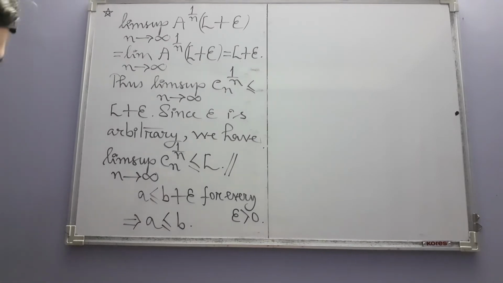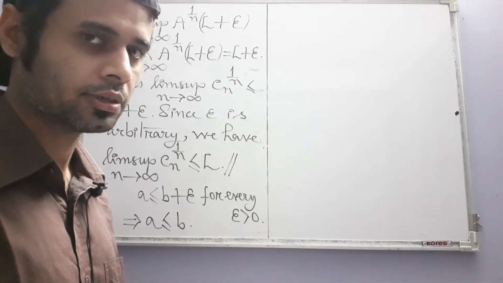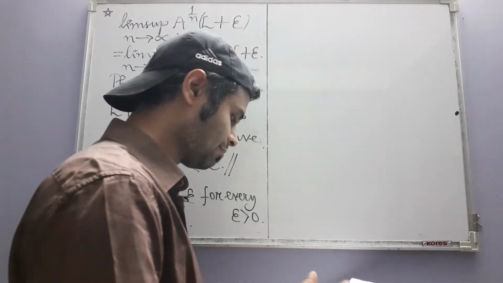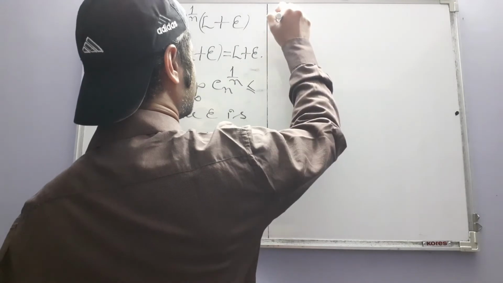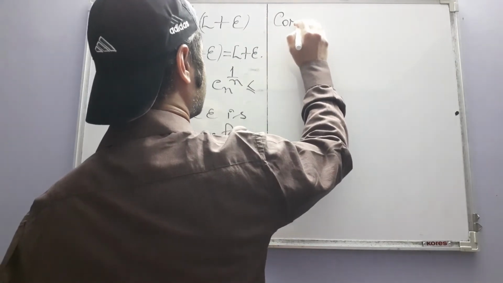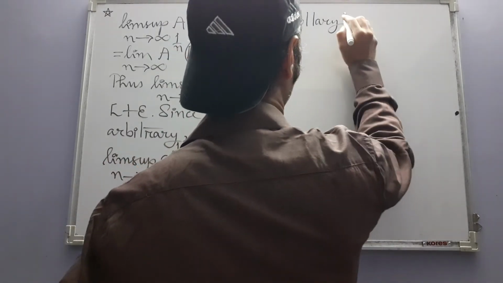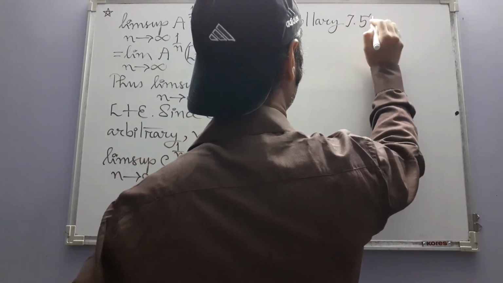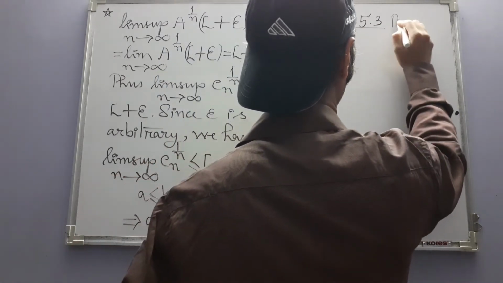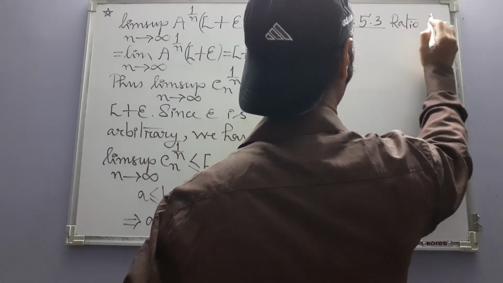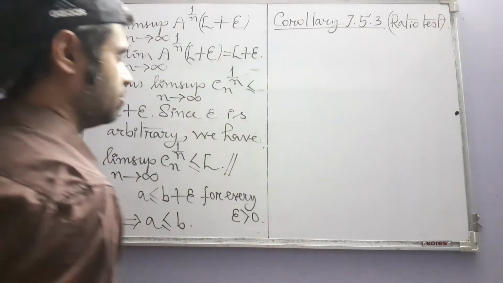And this next corollary to this lemma is actually what is called the ratio test, where we have another such thing like the root test. This is corollary 7.5.3, and it's called the ratio test.